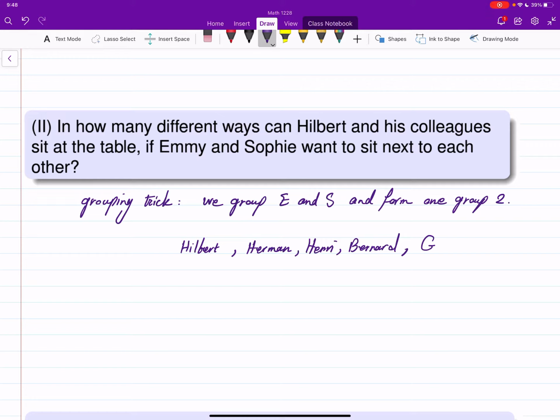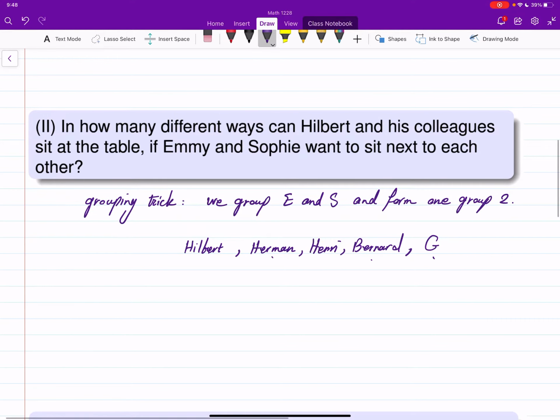Now we first put these 5 objects. The first step is to form the circle using 5: 4 of the other members plus the group, which we consider as one person, of 2.